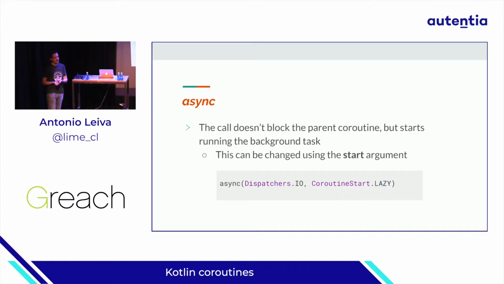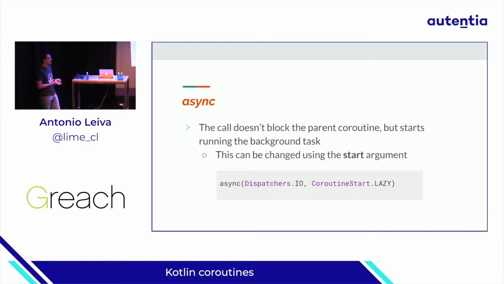I mentioned that the call doesn't block the coroutine, but it starts running it in a background task. This can be changed by using the start argument. We can use the coroutine start.lazy, and this means that the async task will only run when we call await.